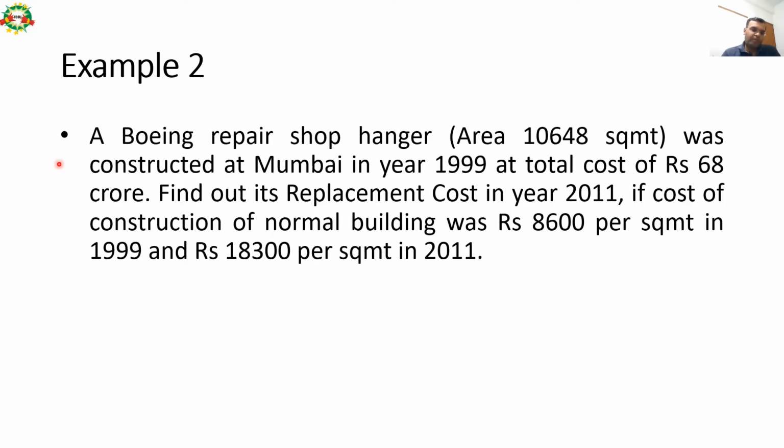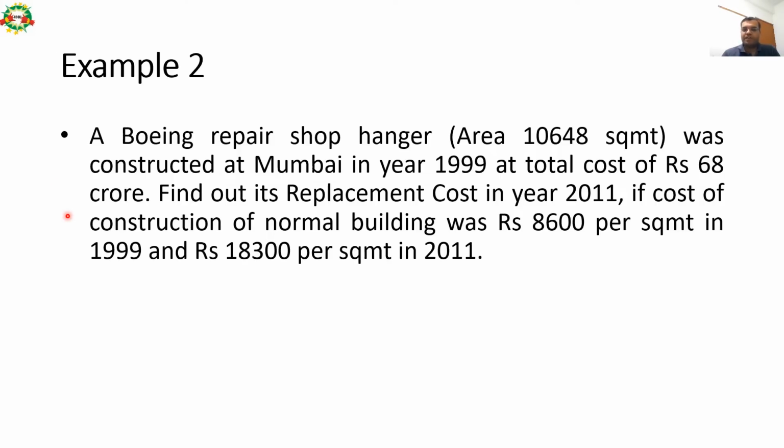This is another type of numerical which may come in a twisting way. A Boeing repair shop hangar area 10648 square meter was constructed at Mumbai in year 1999 at total cost of 68 crore.